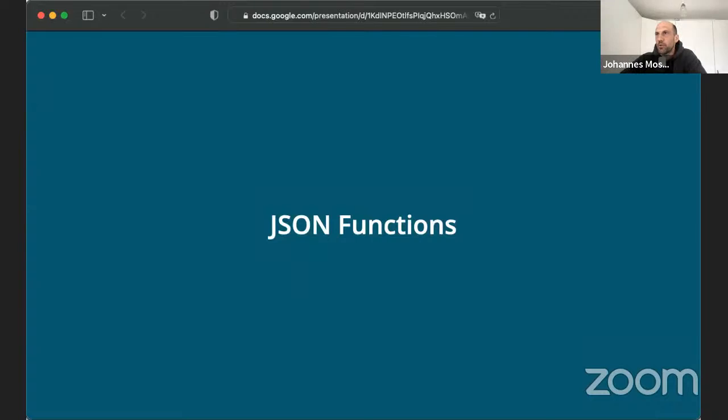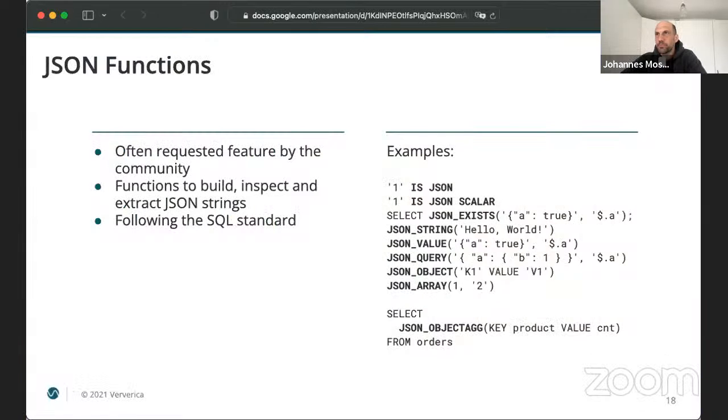Now let's have a look at the JSON functions. Once again, I think the contributors have been listening a lot to the community. It was also one of the more requested features in the SQL space, and it adds functions to build, inspect, and extract JSON strings, following the SQL standard. We see some examples here.